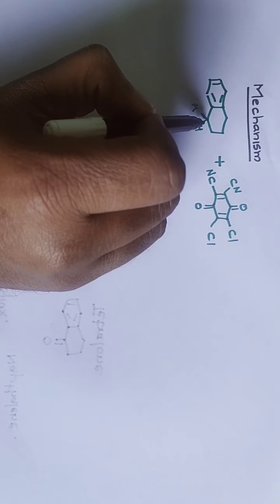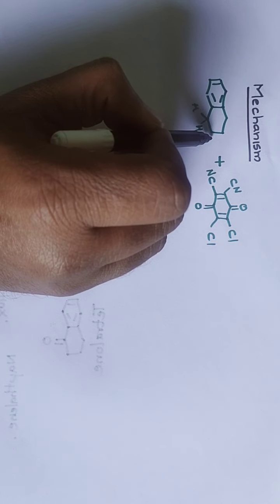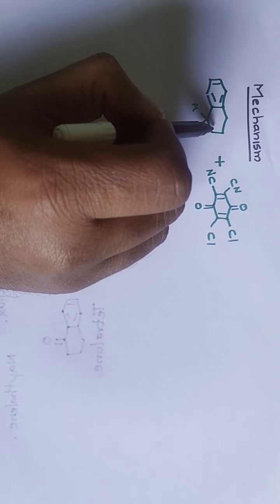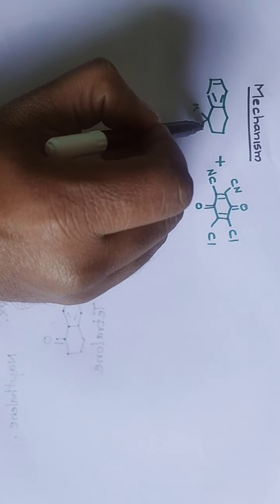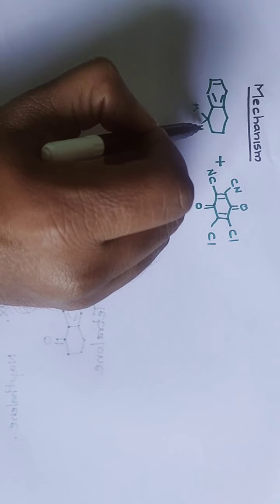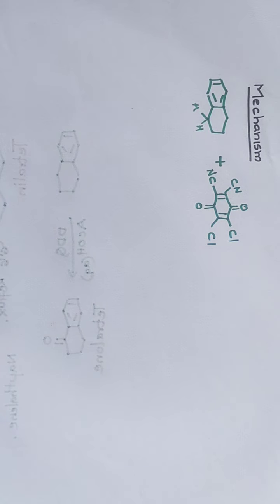So when H minus goes off, a positive charge will be generated here, and loss of hydrogen takes place here, and it results in the formation of a double bond. This is what happens. Are we getting this? The hydride ion moves off, resulting in the formation of a positive charge.